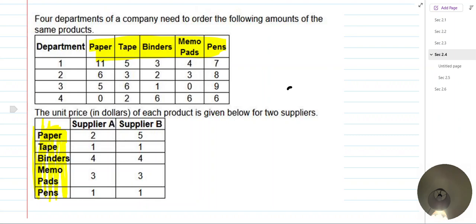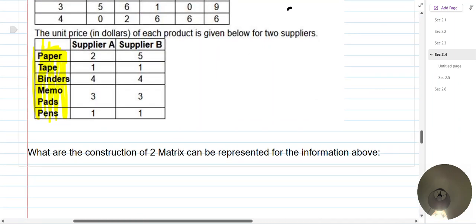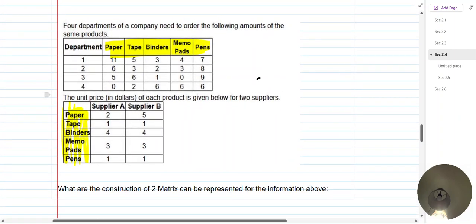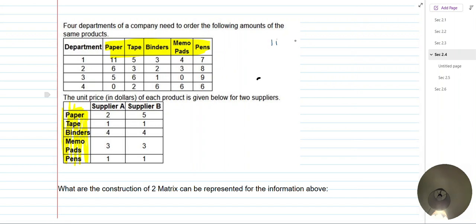So what we want is what are the constructions of 2 matrices that can be represented for the information above. All right. So let's do that. So this matrix is going to be 11, 5, 3, 4, and 7.